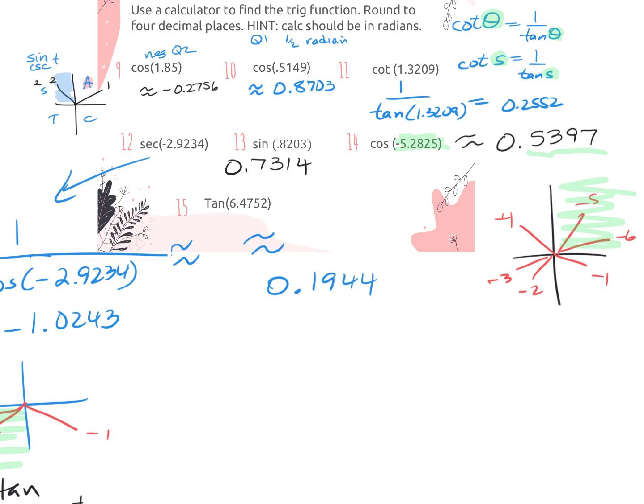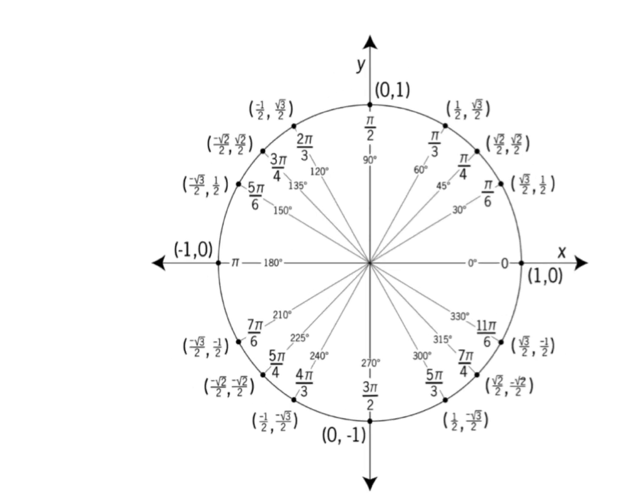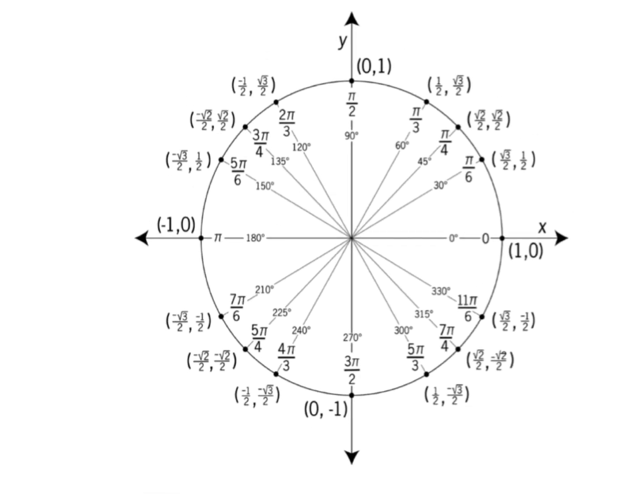Okay, so let me show you some similarities in the unit circle and how easy it is to memorize. If you notice, all of the coordinates, all of the ordered pairs, all have a denominator of 2. Every single x and y on my unit circle. All of the numerators also have square roots.